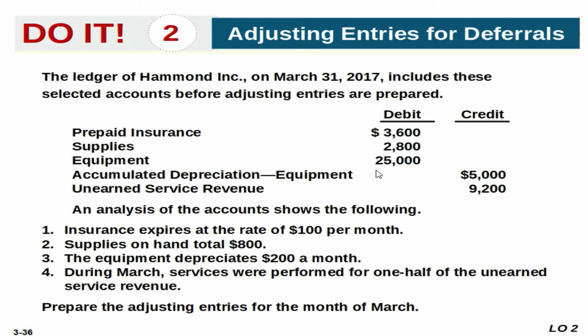Again, deferrals are postponements. As far as expenses, you are postponing the use or consumption of those expenses, and for revenues, you are postponing the provision of a service or the sale of merchandise, or sorry, the delivery of merchandise, even though cash is received in advance. For prepaid expenses, cash is paid in advance.